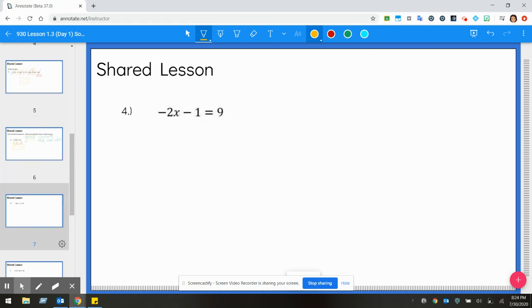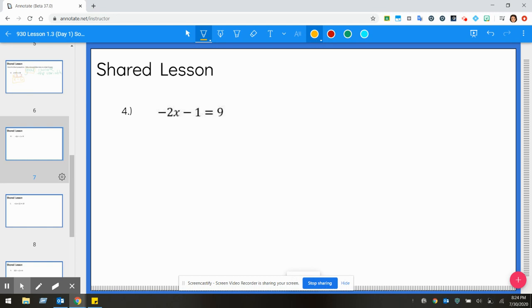Next problem. At any point, please feel free to pause this video, try these by yourself, and then go ahead and start the video again and check your answers. So negative 2x minus 1 equals 9. You kind of think of an equation too as like a balance beam. What you do to one side, you have to do to the other side.